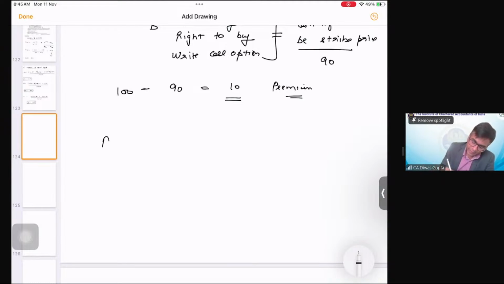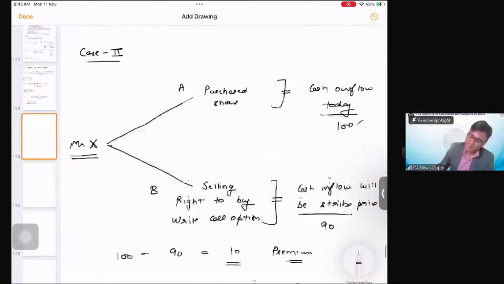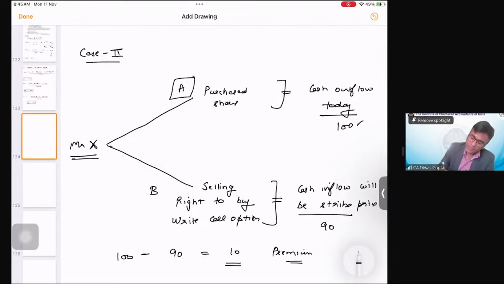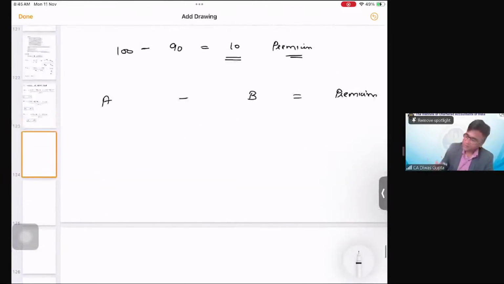So can I say that A minus B is equal to premium? What is this A and B? A is the share purchased situation, B is the selling of the right to buy.